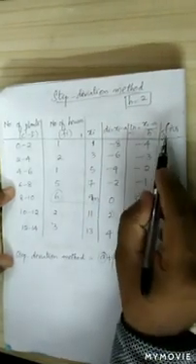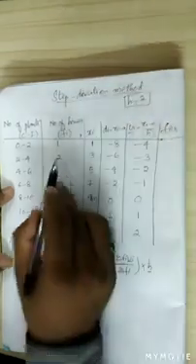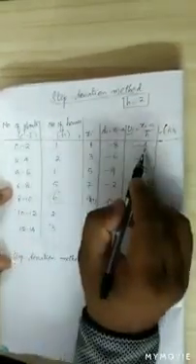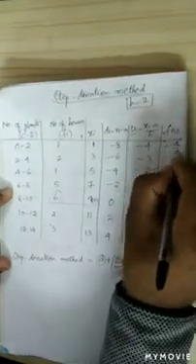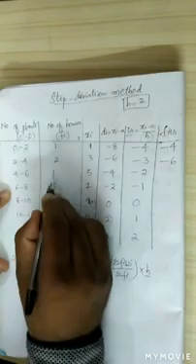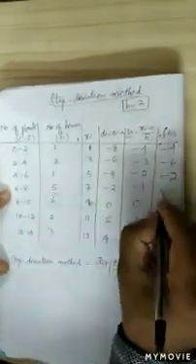Now the last column that we have to find is fi ui. So fi is here, ui is here. I'm just going to multiply these two columns. 1 into minus 4 will be minus 4. 2 into minus 3 is going to be minus 6. 1 into minus 2 will be minus 2. 5 into minus 1 is minus 5. 6 into 0 will be 0. 2 into 1 will be 2. 3 into 2 will be 6.